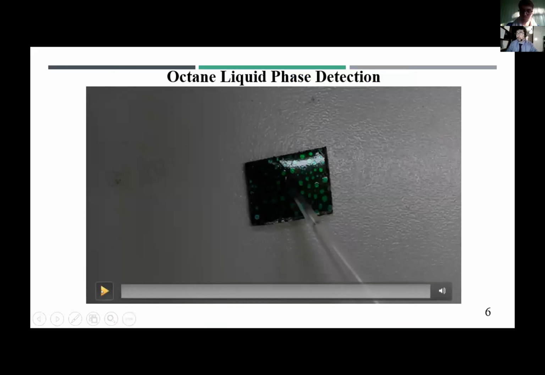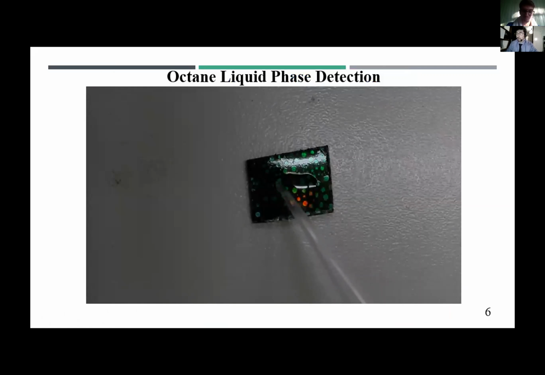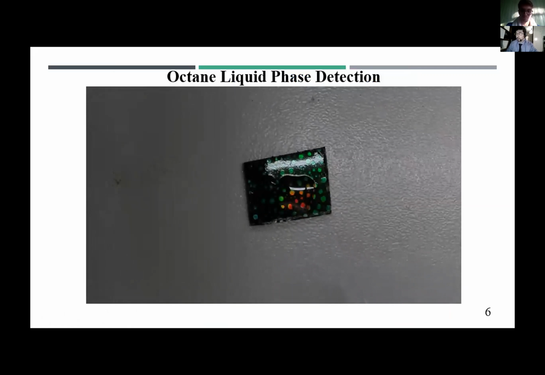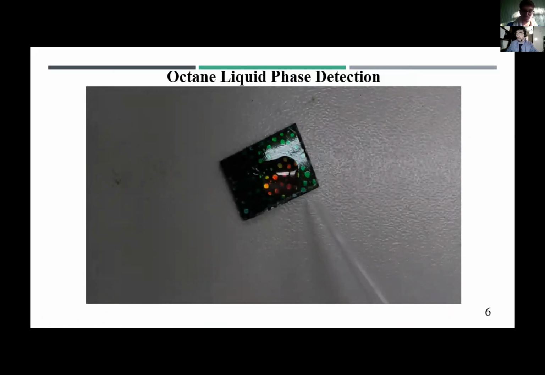Now we can see the clip which shows the spectral shift of the reflected radiation if we put some substance, for example, a non-polar solvent such as toluene, n-octane, or some other organic solvent, and we see the spectral shift of the reflected radiation from the surface of the photonic crystal here.